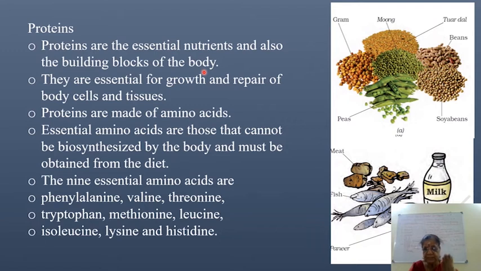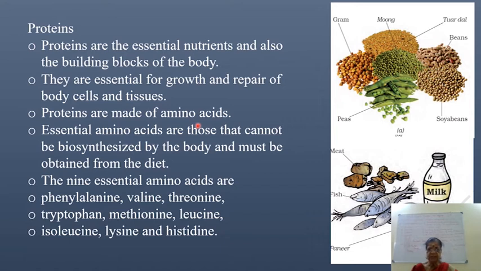All that is done by the protein nutrient. So that is an essential nutrient, and it is called the building blocks of the body. Okay. Then they are essential for growth and repair of body cells and tissues. This is definitely needed.